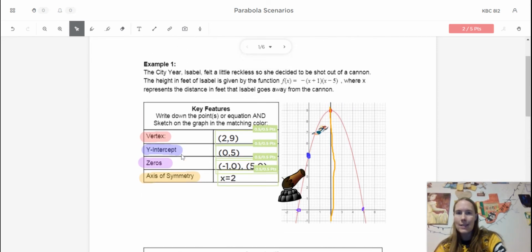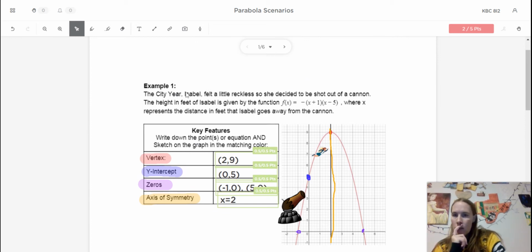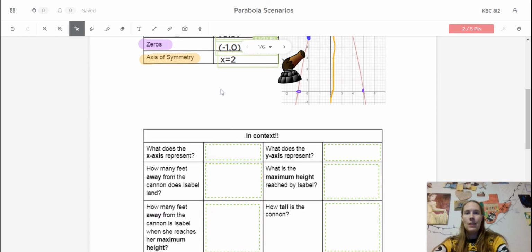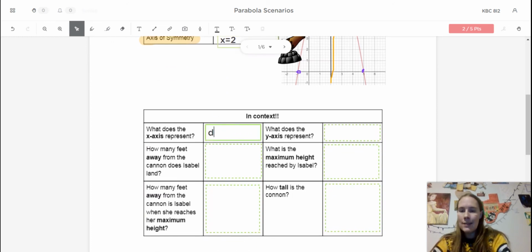So what does the x-axis represent? So I'm reading, oh, look, I can also highlight if I want to. It literally says the x represents the distance in feet. So I know what that is. So I would write the x is distance.